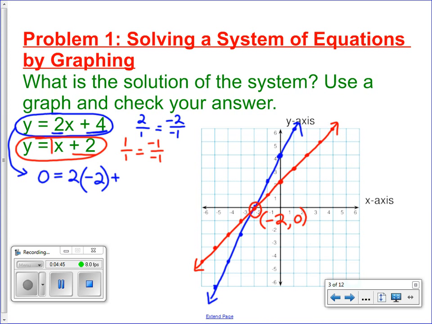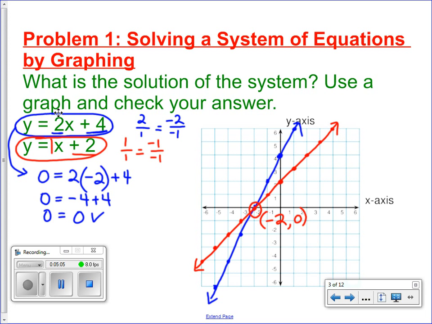And we're going to see if this works. All right, so 2 times negative 2 is negative 4. And negative 4 plus 4 is equal to 0. So yes, negative 2, 0 checks out in the first equation.